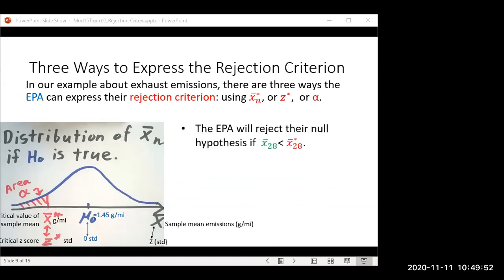So they'll reject if your sample mean, the green one with no star, falls below their critical value.